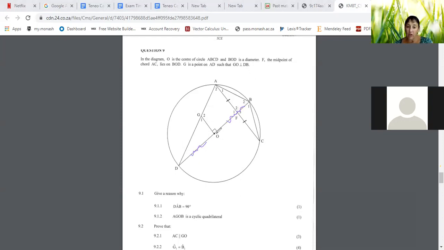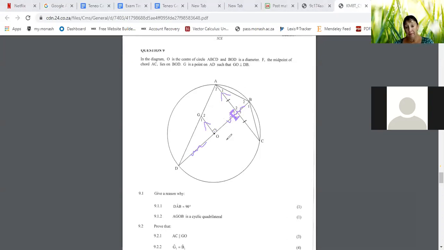All right, and what else do we know about a center? A line from the center to the midpoint of a chord is perpendicular to the chord. Okay, so you've got to know the theorems, right? Which means, of course, if that's 90 and that's 90, they're co-interior, which means this must be parallel to that.